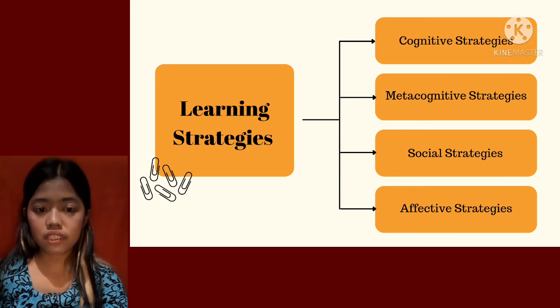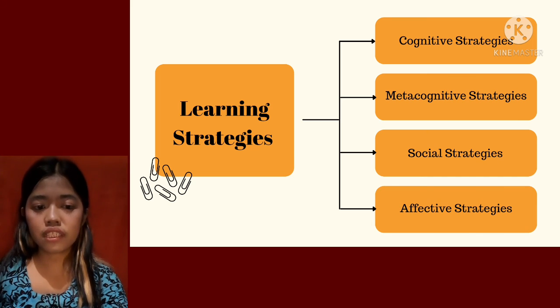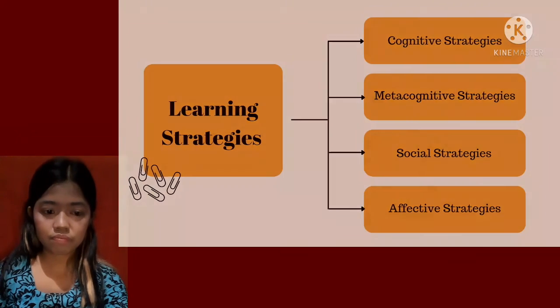And affective strategies involve taking control of the emotional conditions and experience that shape one's subjective involvement in learning. In the context of foreign language learning, the key issue is how the learner strategically uses linguistic information to practice the target language.